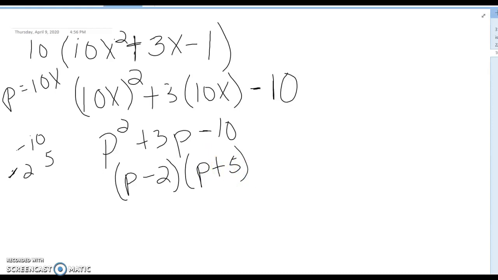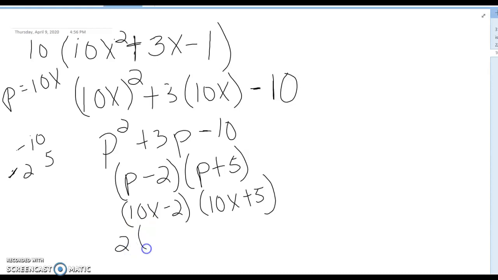I'm ready to substitute 10x back in for p. So in place of p now, I am putting 10x minus 2. And I am putting in for p 10x, and then plus 5. So all that is substituting the 10x for the p. I am now going to factor both. This time I can factor something from both, and on this side I can factor out a 2.